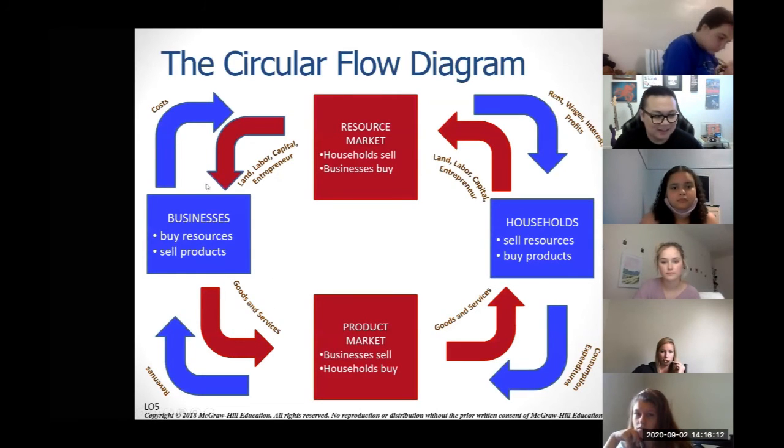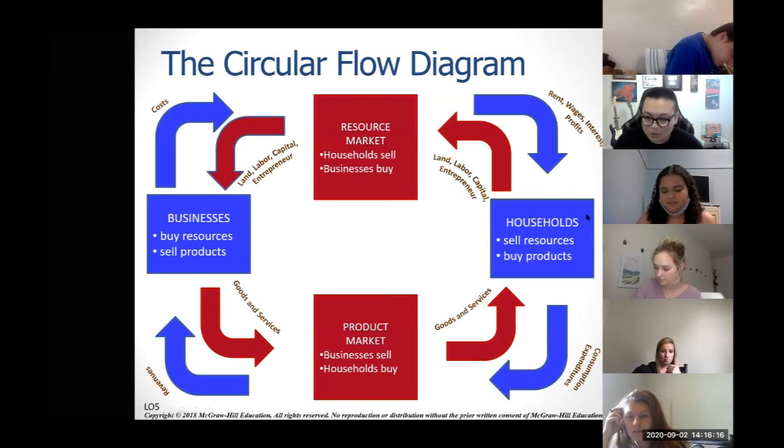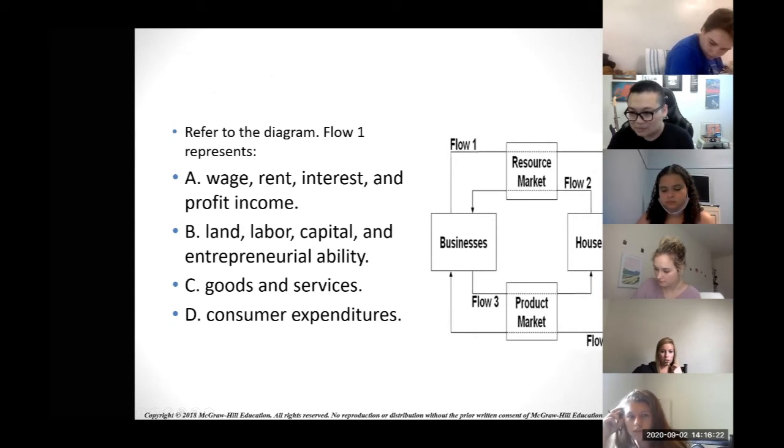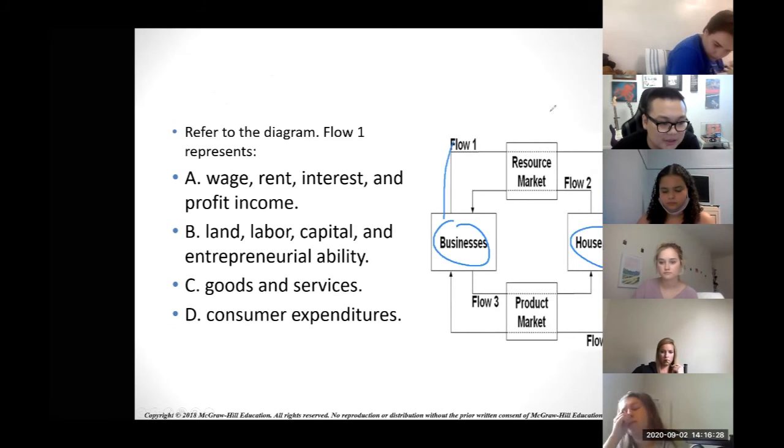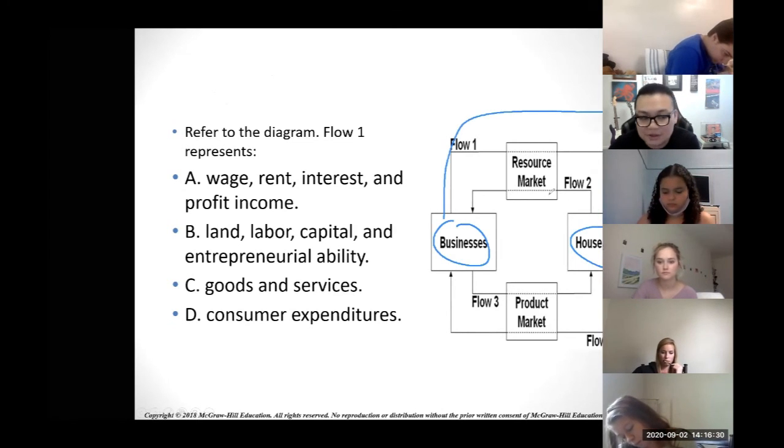Again, what does the household get from the business through the resource market? So this is from the business to household, through the resource market.